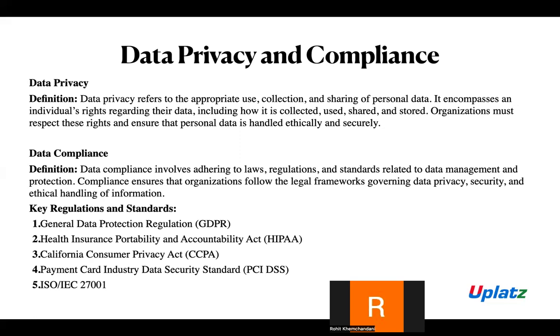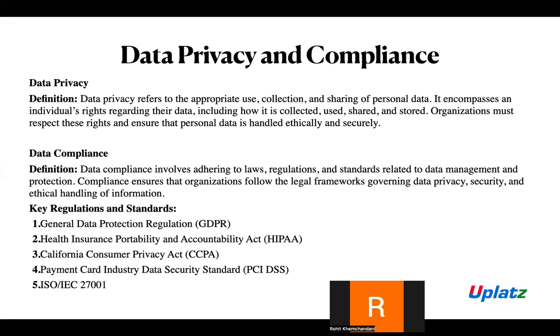Accuracy. Organizations must ensure that personal data is accurate and up to date, enabling individuals to rectify inaccuracies. Fifth is storage limitation. Personal data should not be retained longer than necessary. Organizations should establish policies for data retention and deletion.